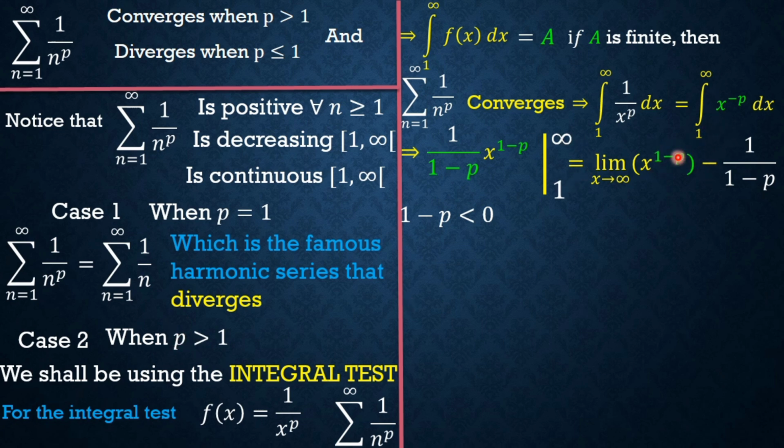If p is above 1, we can see that the power here is going to be less than 0. Great. And we also see that the limit as x goes to infinity of x raised to the power 1 minus p, since the power is negative, will simply die down to 0.